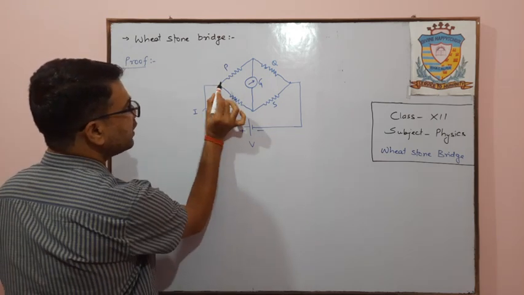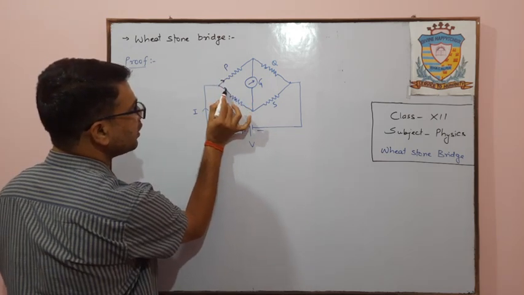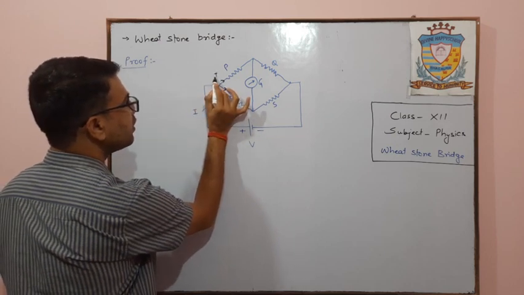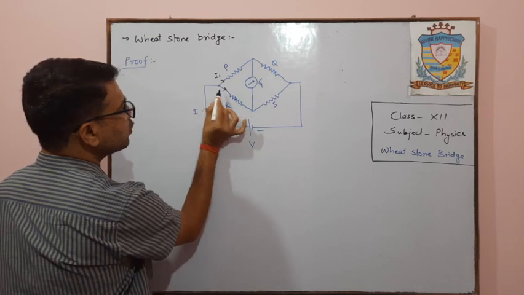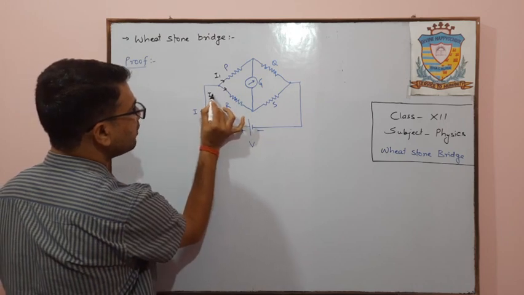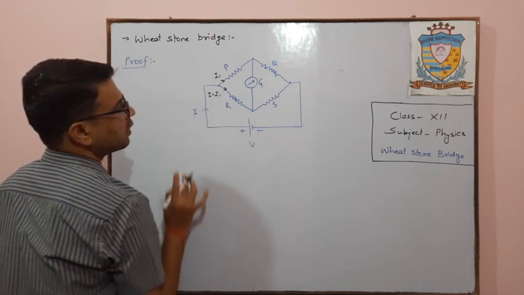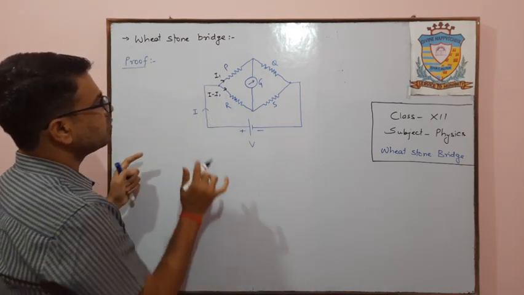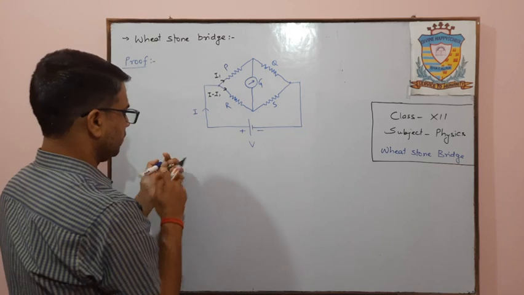At this point, this current will be divided into two parts. Let one be I1, so the other will become I minus I1.